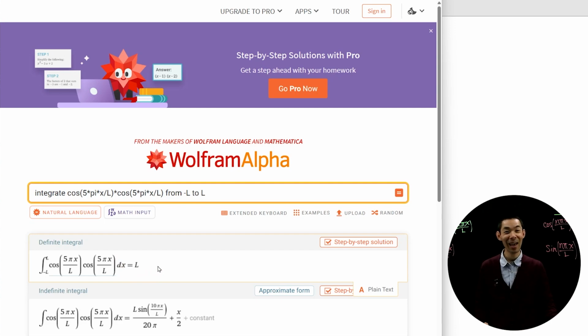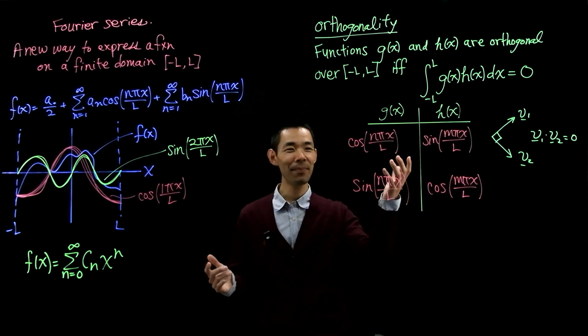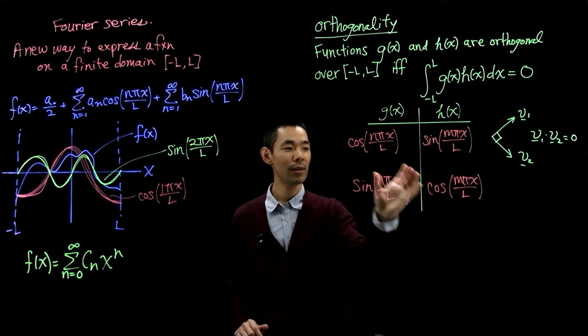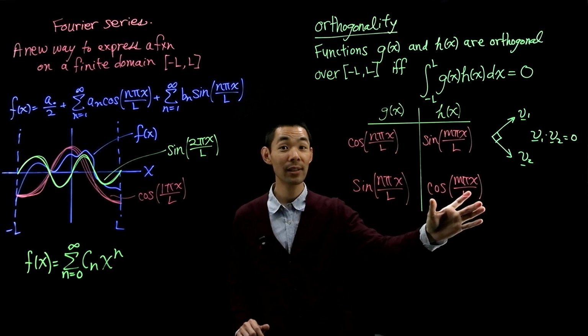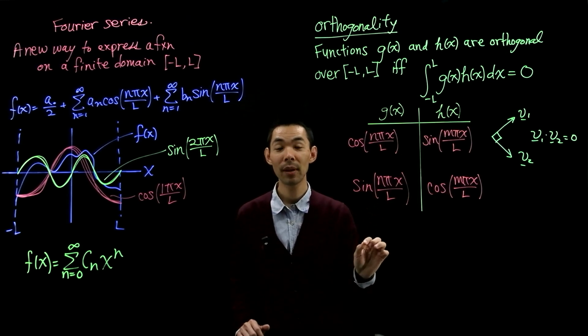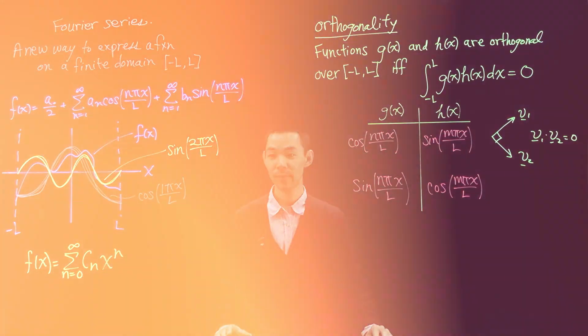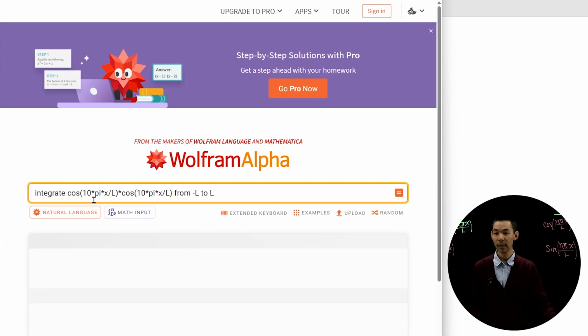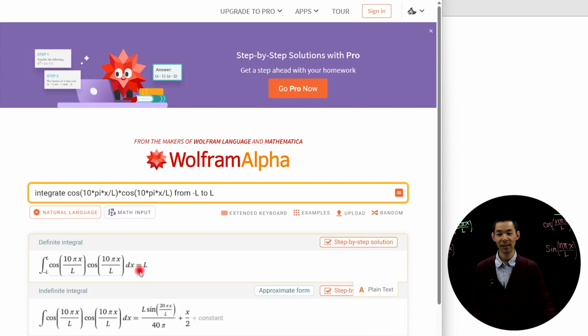It's equal to L. So apparently, when cosine of n pi x over L and cosine of m pi x over L, if n and m are the same number, we get a non-zero value. Same thing for any value, right? You can just put any value. If they're the same numbers, what you get is that it's non-zero and it's always equal to L.